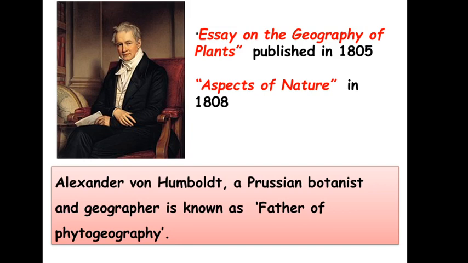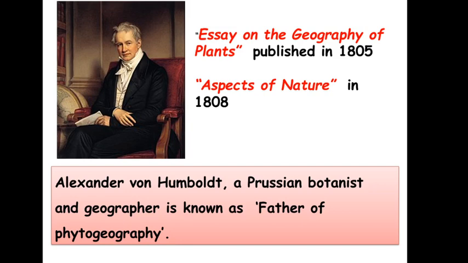So the first book, which was published in 1805, namely Essay on the Geography of Plants, and the second one 1808, Aspects of Nature. In these two books he described the geographical studies on plants, and that has given rise to a new branch of botanical science which is known as phytogeography today. So he is honored as the father of phytogeography.